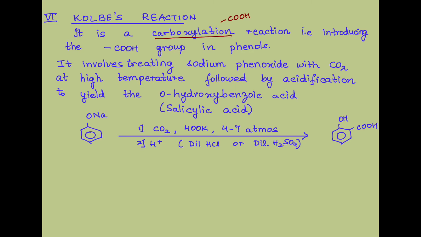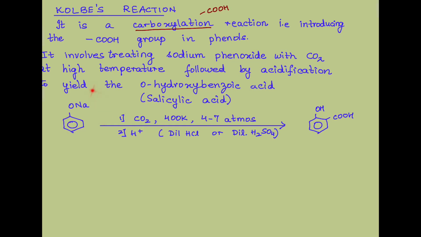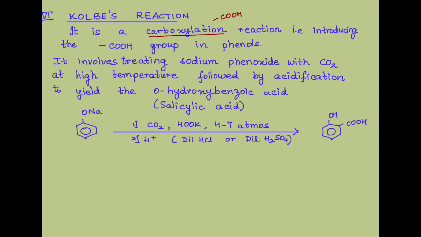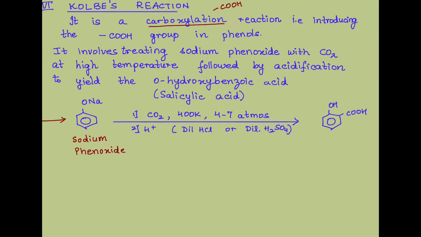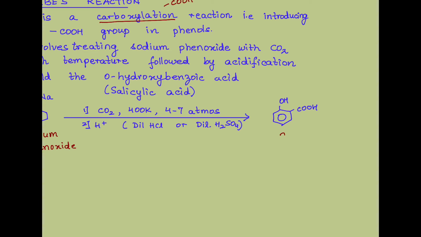So what we are doing is, we've got sodium phenoxide. We are introducing the COOH group with the help of sodium phenoxide. What do we mean by with the help of? Because my starting compound for the formation of sodium phenoxide is of course going to be, well done, phenol. So I can also ask you this question as, how can you convert phenol into, what is the name of this compound?